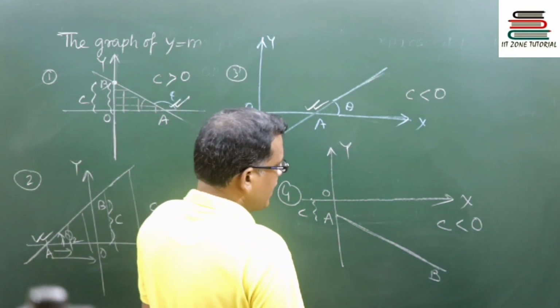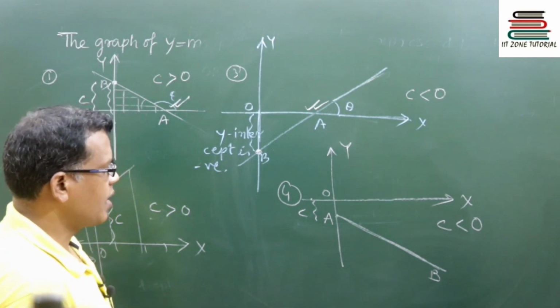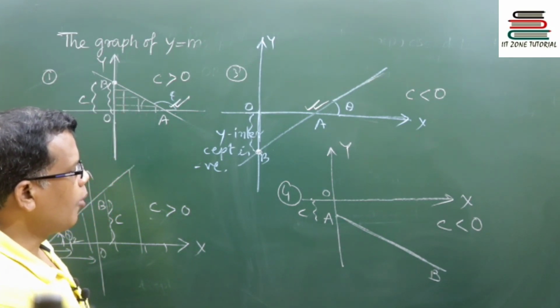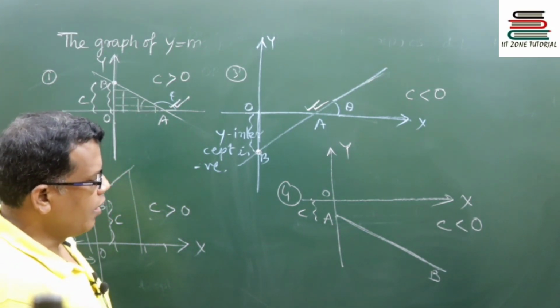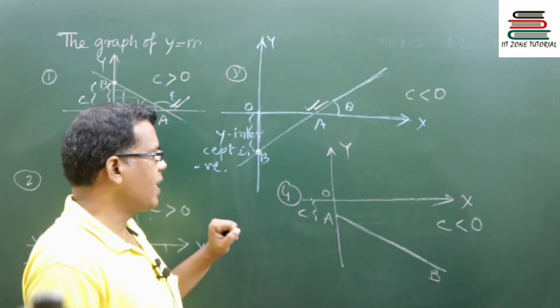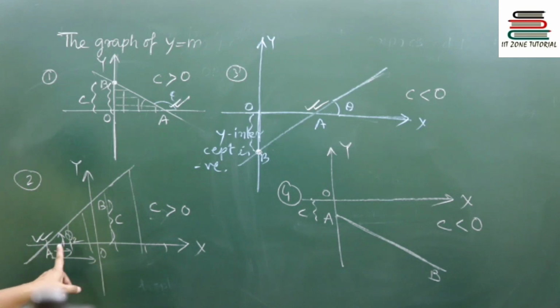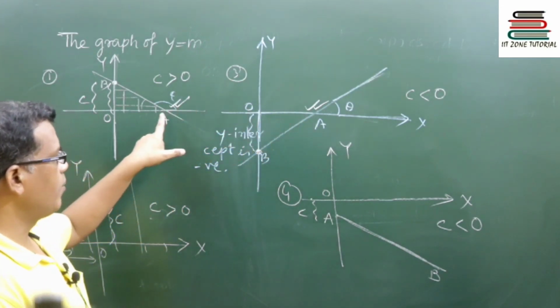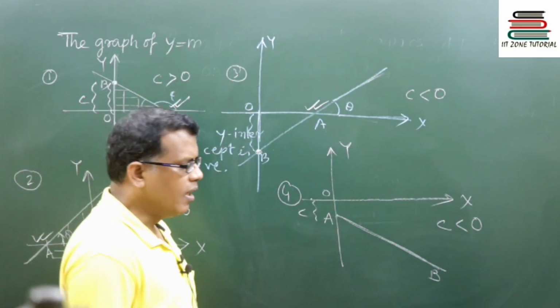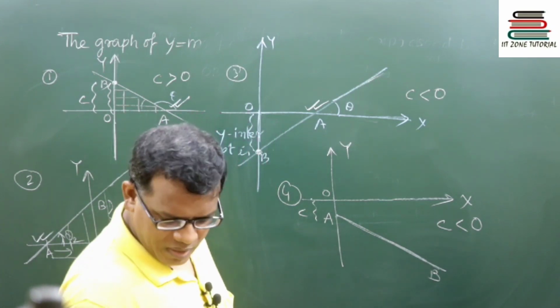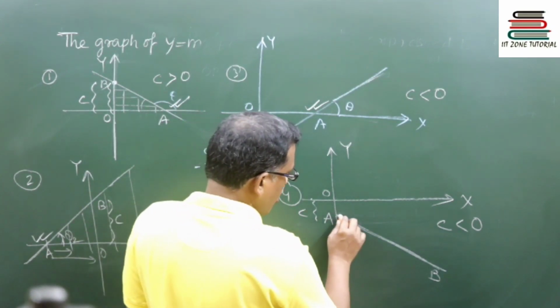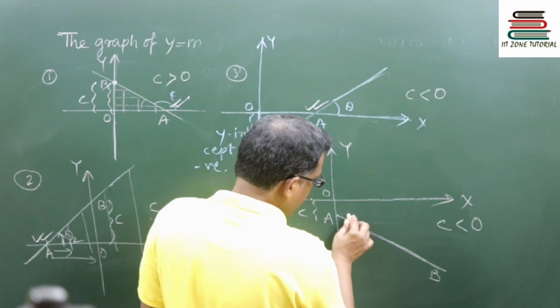In the three diagrams the line is definitely cutting the x-axis, so that point can be observed, but here we can't see that. So under such conditions, what we are supposed to do is draw a line parallel to the x-axis.